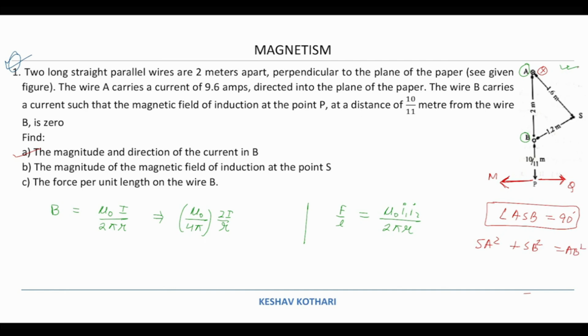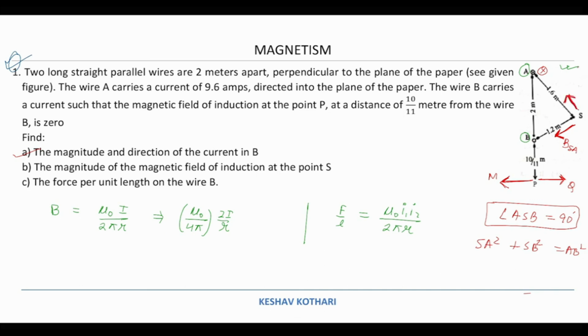If we calculate the magnetic field due to A at S, then it will be directed from S to B, like this. It is the magnetic field due to A, so I am writing it as BSA, the magnetic field at a point S due to A. And the magnetic field due to B at S will be directed from S to A, and both directions are determined using Maxwell's right hand rule.